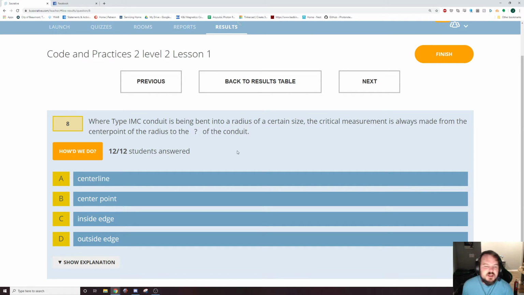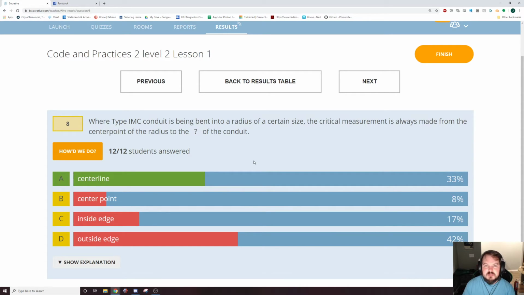Where type IMC conduit is being bent into a radius of a certain size, the critical measurement is always made from the center point of the radius to the center line of the conduit. If you remember at the end of the year last year, and you may not remember because it was the end of the year last year, whenever we were doing concentric bends or long radius 90s, we were measuring to the center line of the conduit.